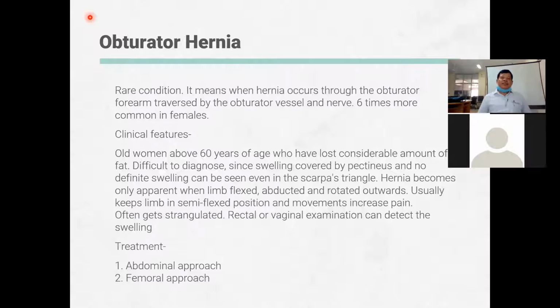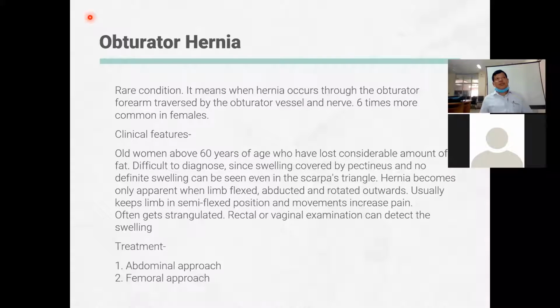This hernia is again very difficult to diagnose because the visible swelling is not so prominent like other hernias. As for the clinical features, usually it occurs in old women above 60 years of age who have lost a considerable amount of fat.